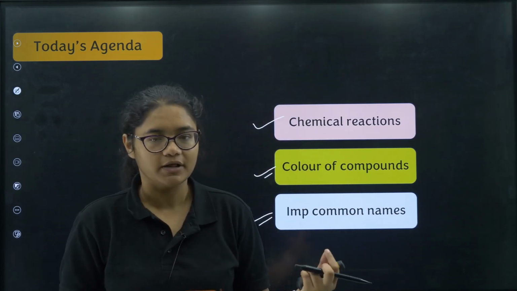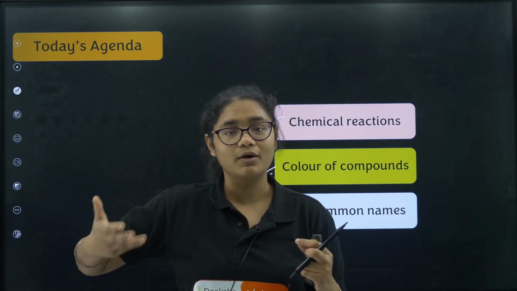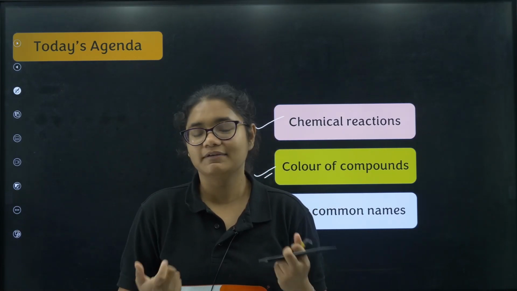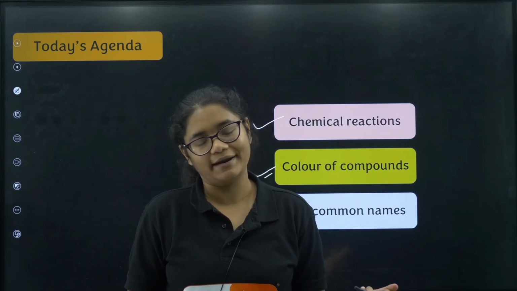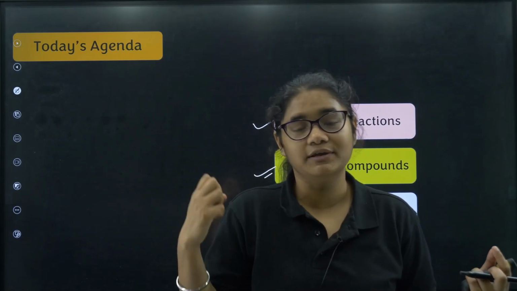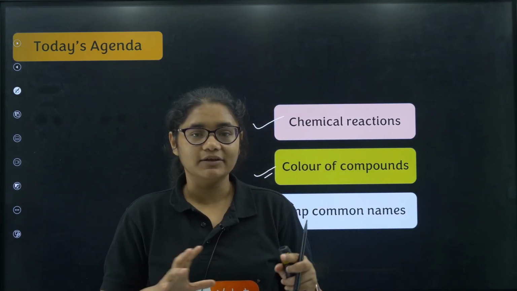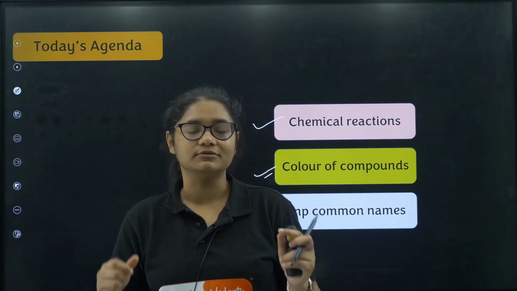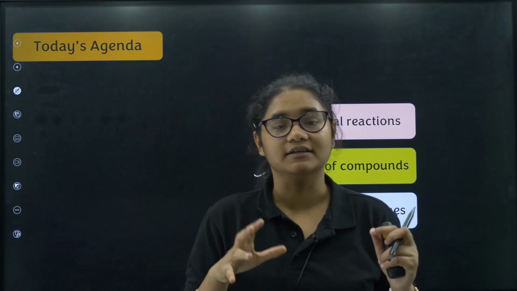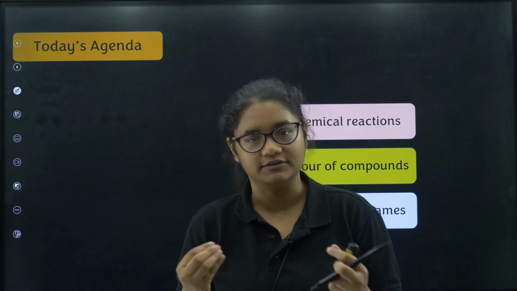Suppose this is the question. You know the decomposition reaction of calcium carbonate, but you don't know what is the formula of limestone. Then will you be able to solve that question? No, right? So in this way we easily lose marks even if we have studied that particular concept. So to avoid this, I'll be giving you the list of all the compounds and their common names which are asked in the exam. Okay, and that too after analyzing the last 5 to 10 years of papers.